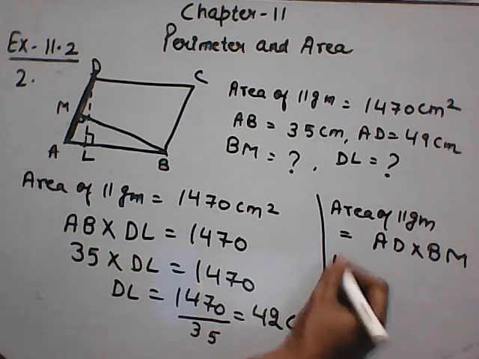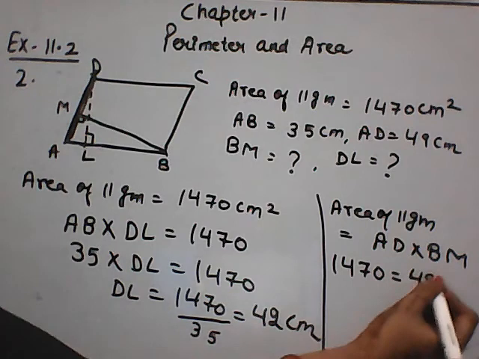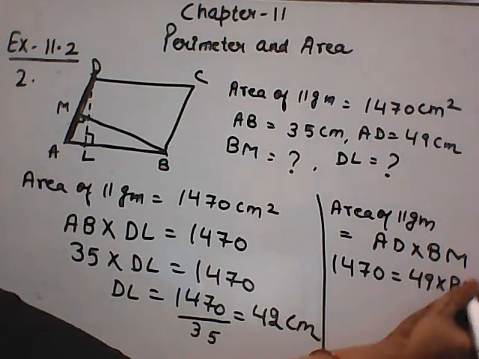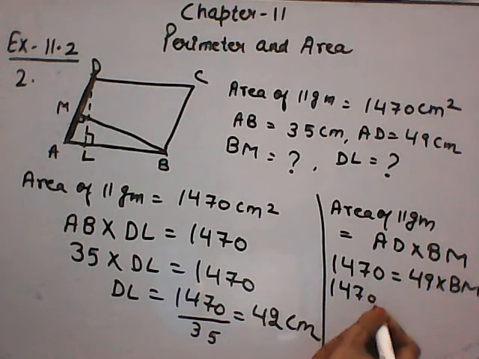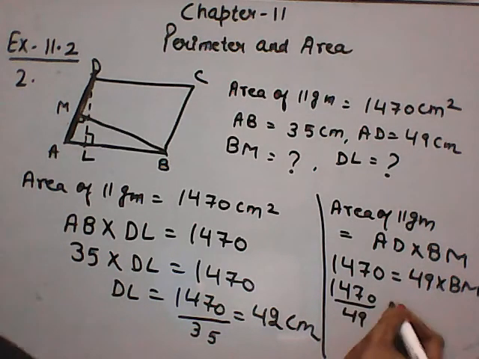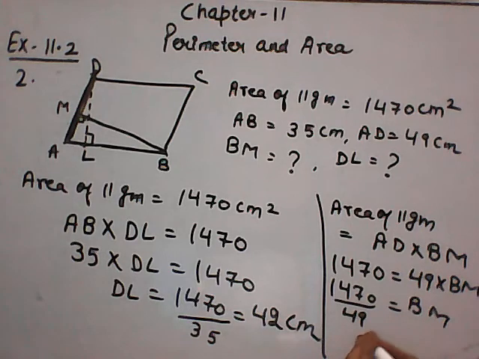Area of parallelogram is given to you 1470. AD is given to you 49. You have to find out the value of BM. Here 1470 divided by 49 is equal to BM. Now it is equal to 30 centimeter. Here BM is equal to 30 centimeter.